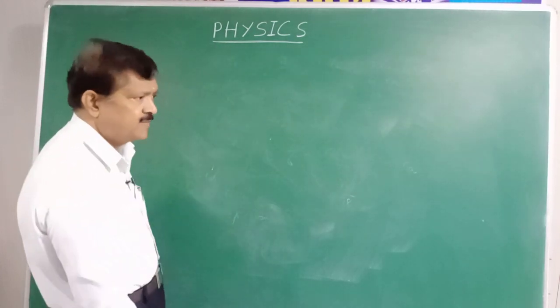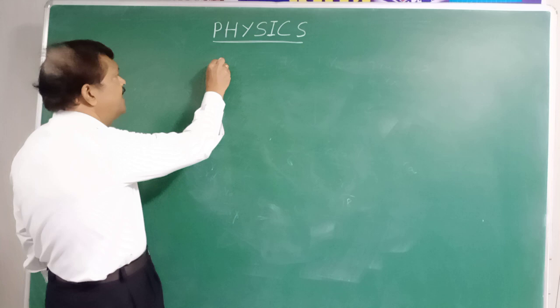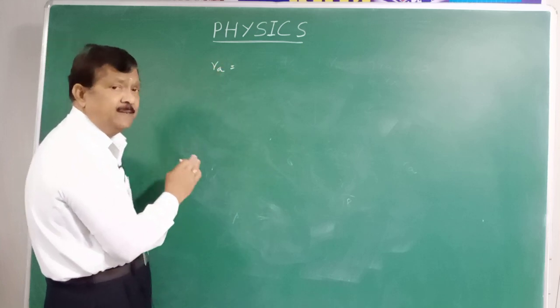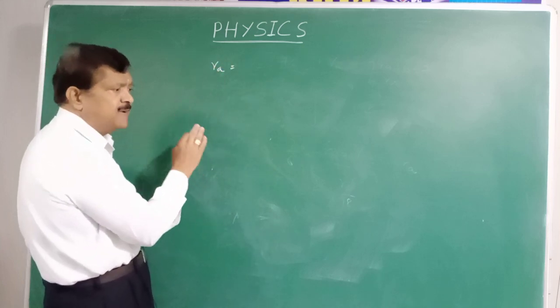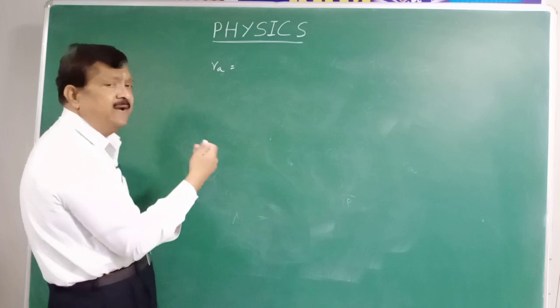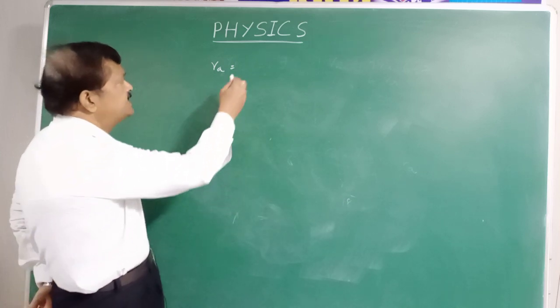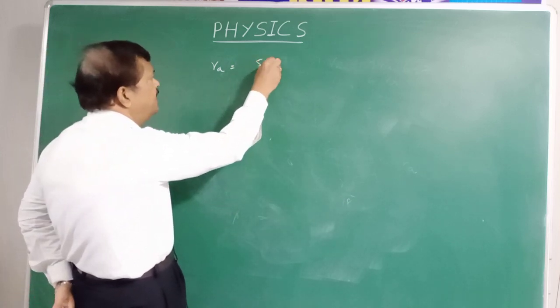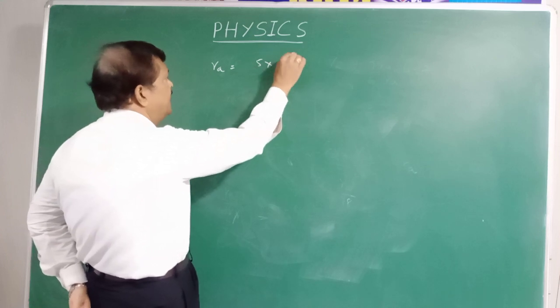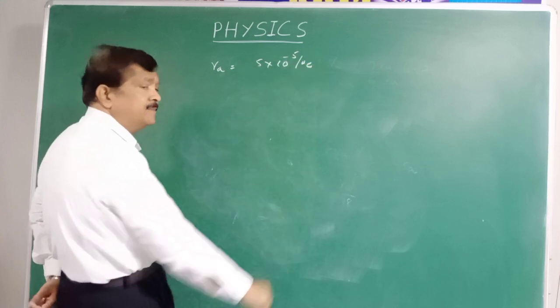Suppose the coefficient of apparent expansion of a liquid in a particular container is given as 5 into 10 power minus 5 per degree centigrade.